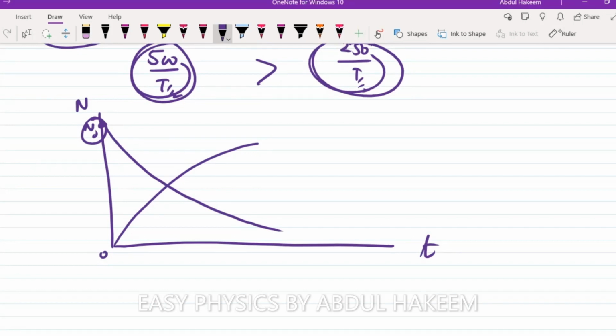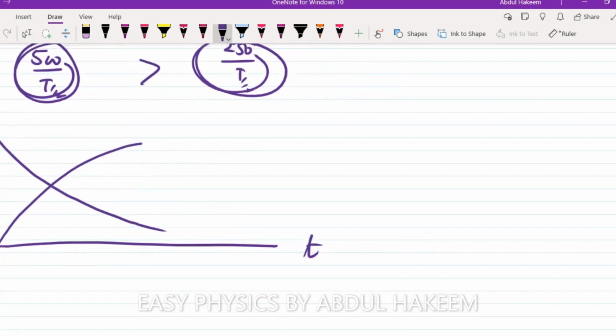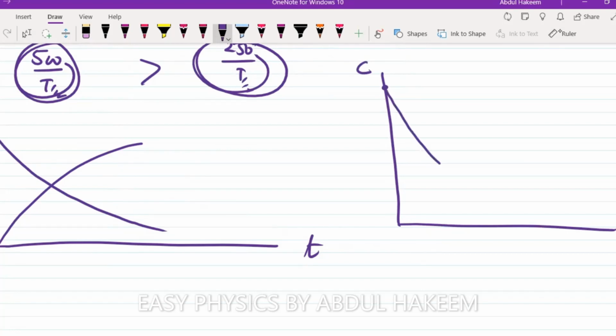That's why when we plot the graph of count rate against time, it will never touch the zero line.